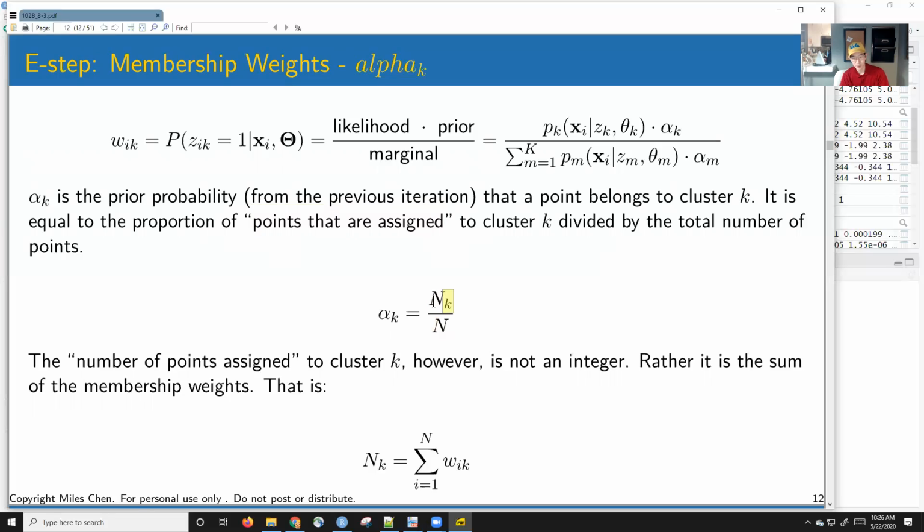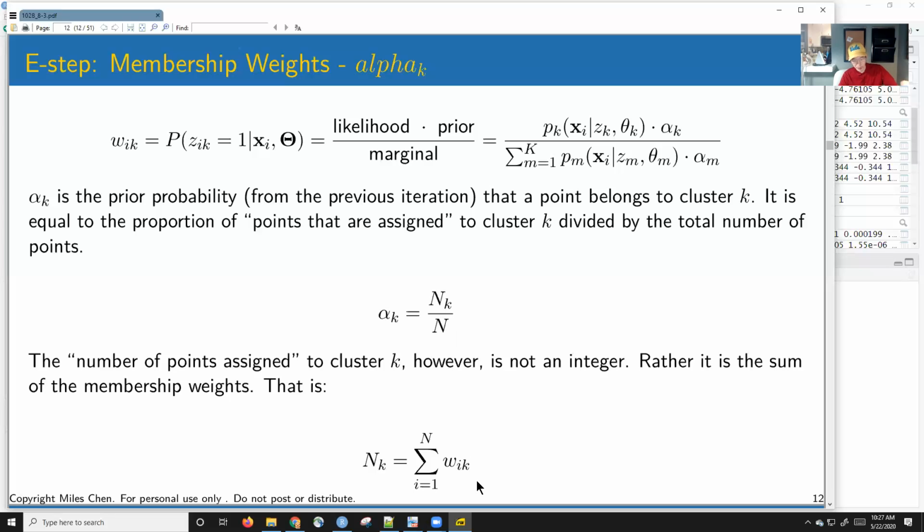However, this number of points that are assigned is not an integer. It's not like out of 1,000 points, 450 points are assigned to cluster k. It's the sum of the membership weights. So you might have 400 points with a 99.9% probability of belonging to cluster k, and so you'd have 400 times 0.999, which adds up to about 396.